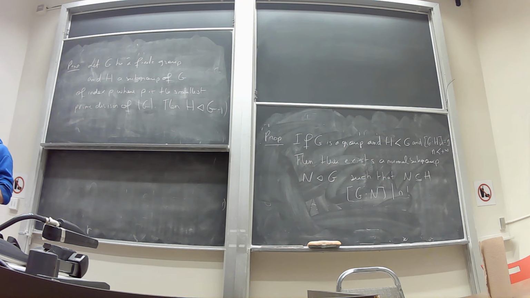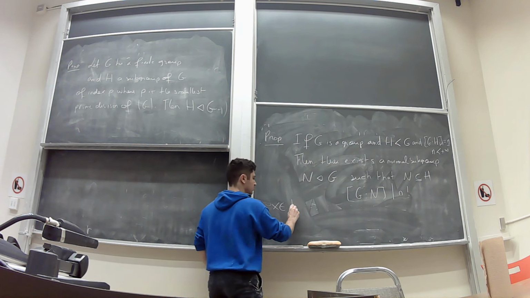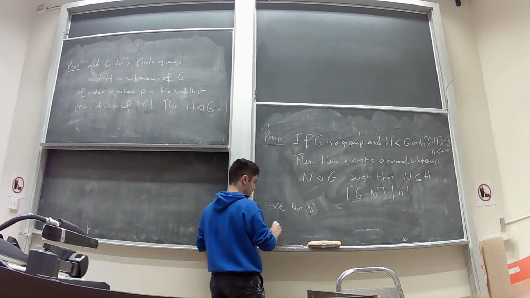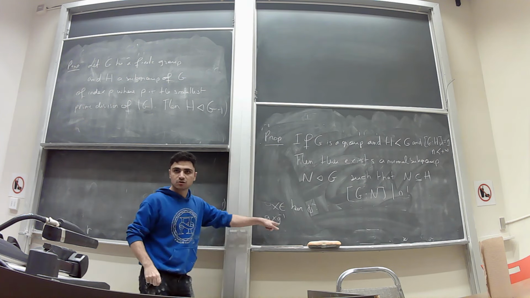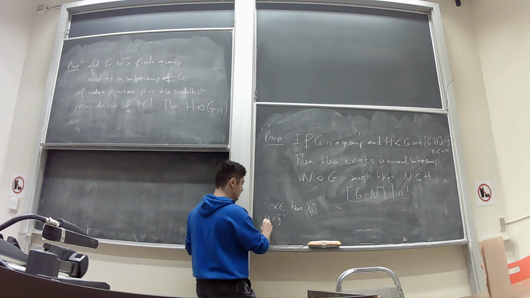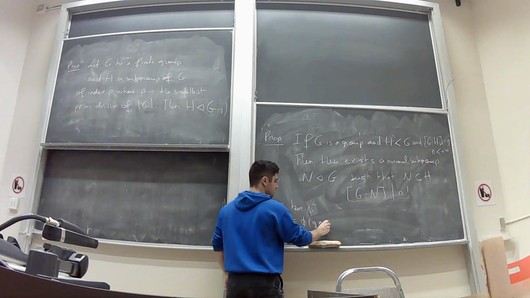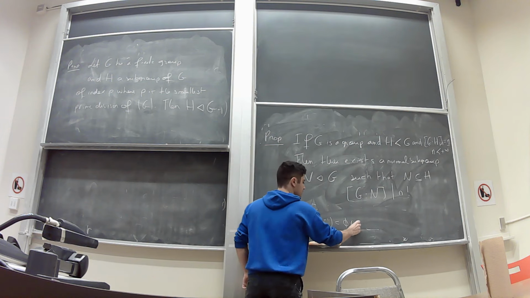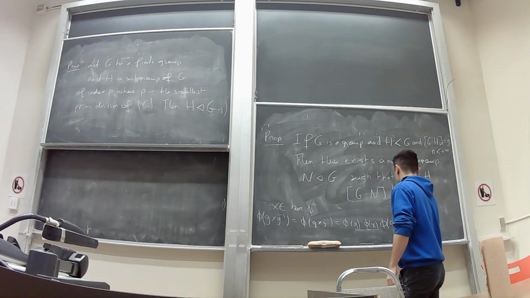Can you just quickly explain again why the kernel is a normal subgroup? Just write down the property. If x belongs to the kernel of homomorphism phi, take g x g inverse. Apply phi here. This is just phi of g x g inverse, which is phi of g, phi of x, phi of g inverse.